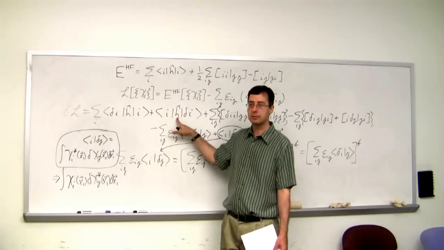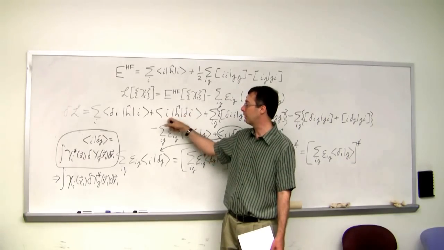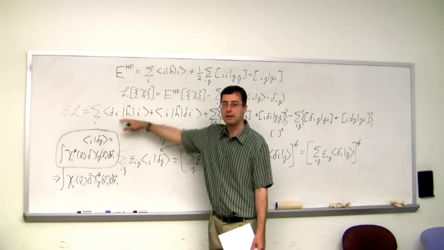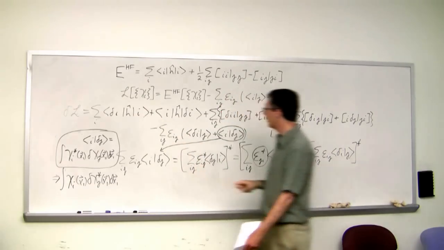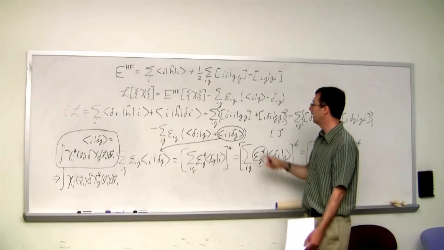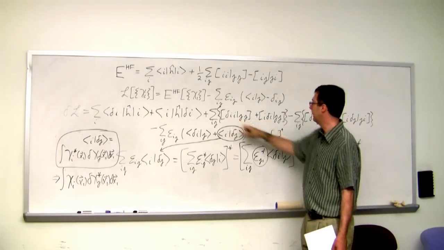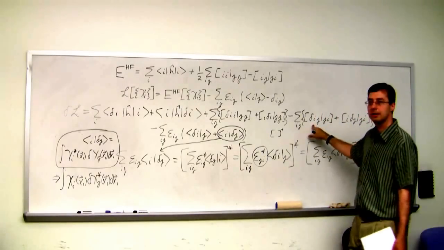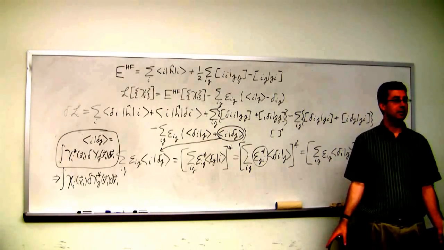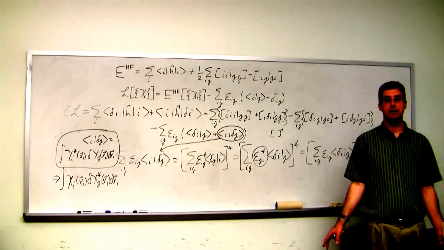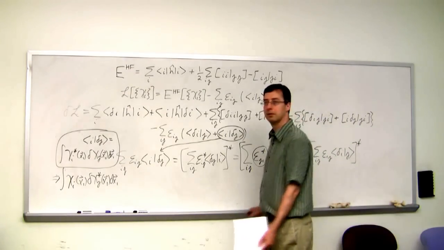So this doesn't change when I take the complex conjugate. And then the only other thing I do is swap bra and ket. So if I swap bra and ket, I get that. So this guy is the complex conjugate of that guy. And so on and so forth for every term in here. Every term, like say this, is the complex conjugate of that. And this is the complex conjugate of that. So everything's a complex conjugate of something else, which is great because it means I can write down half as many terms and then say plus complex conjugate, which is what I'm about to do.